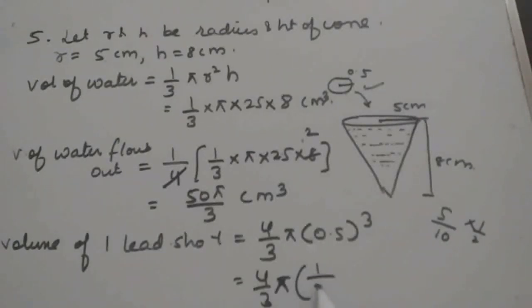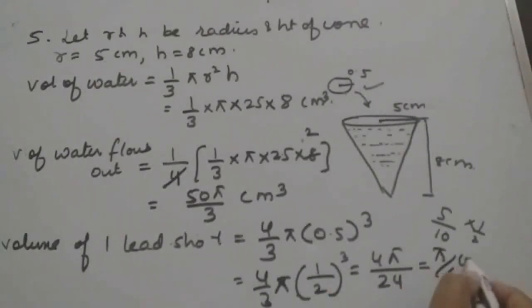So 1 by 2 cube is 1 by 8. So 4 pi by 8, 3s are 24, that is pi by 6 centimeter cube.